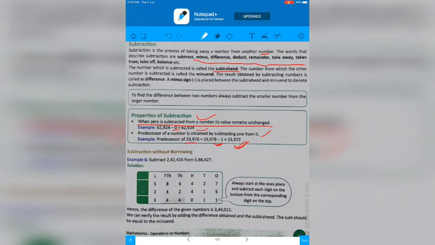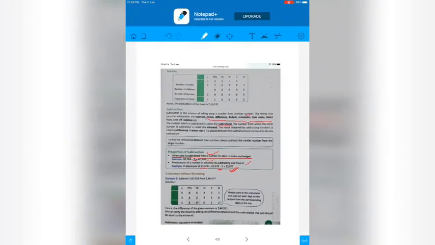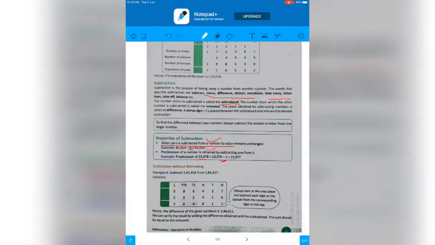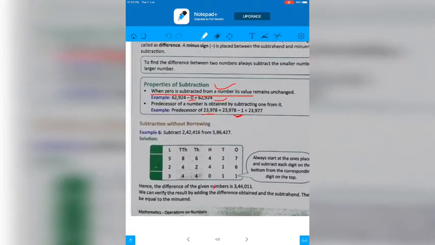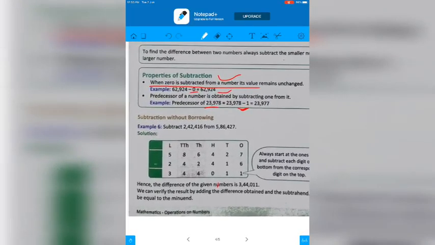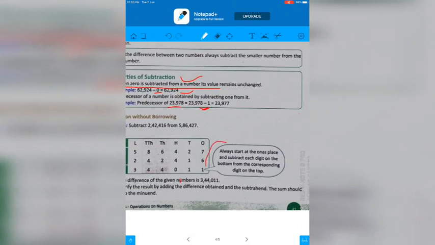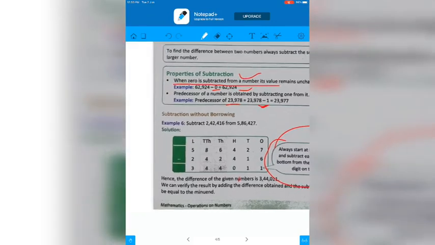Now you all know how to subtract numbers from other numbers. In this portion you can see over here, always start at the ones place and subtract each digit on the bottom from the corresponding digit on top.